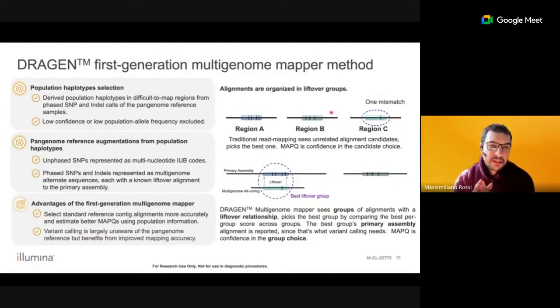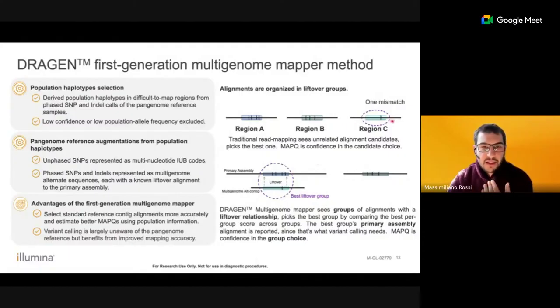In a traditional read mapping context, the read mapper would pick the best alignment, regardless of the relation of each of these regions, because it's completely unaware of that. And the MAPQ, the confidence of the alignment, would be given by looking at these three regions independently. Now, the multi-genome mapper has the extra knowledge of liftover relationships.